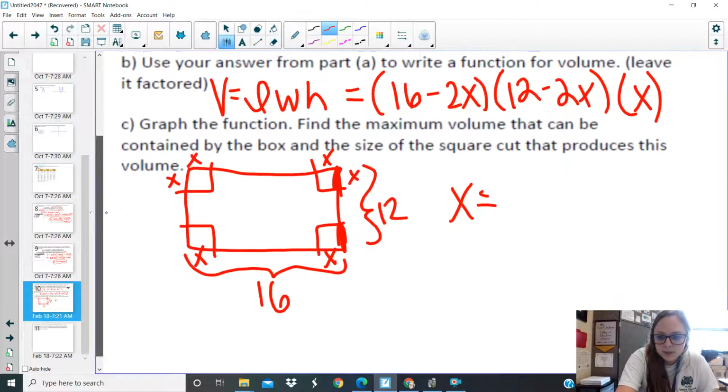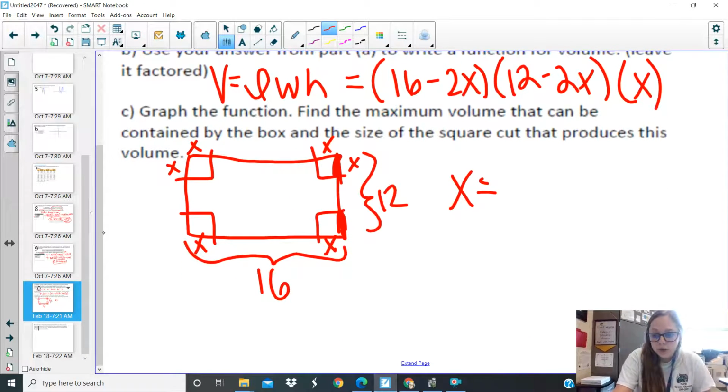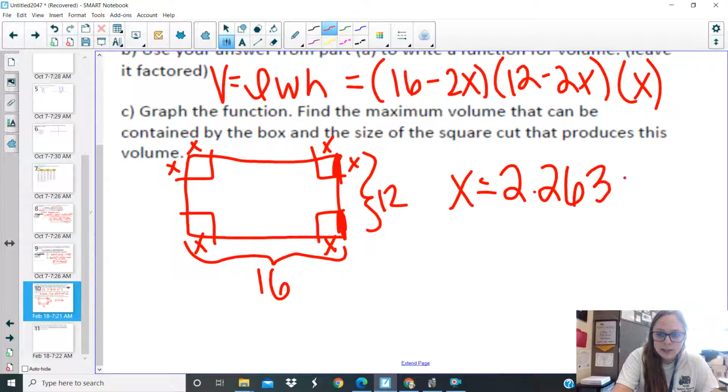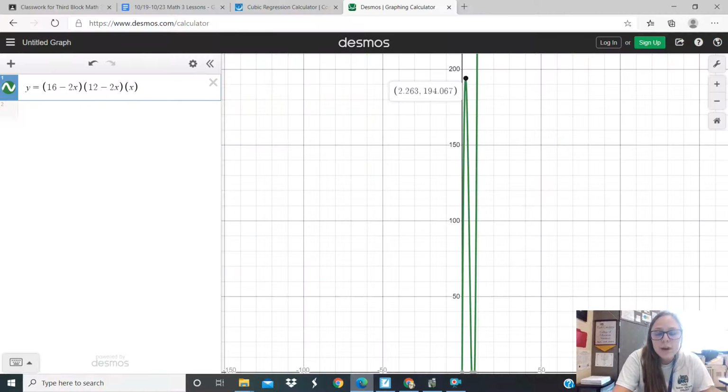So yeah, it's in inches. So the size square that we're going to want to cut out is 2.263 inches. And then the maximum volume is whatever my y value was. So if I go back, my y value was 194.067.